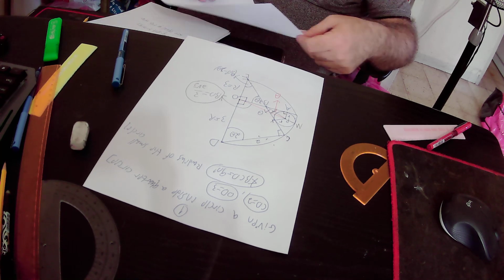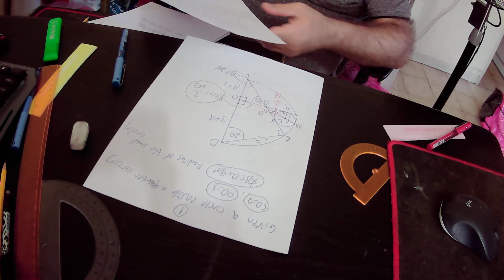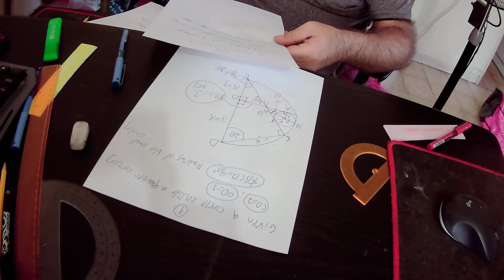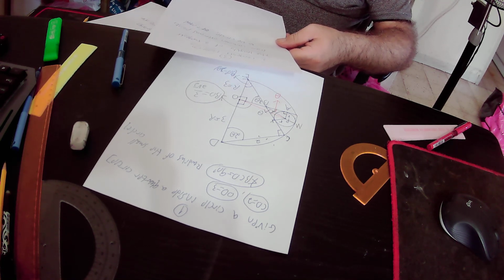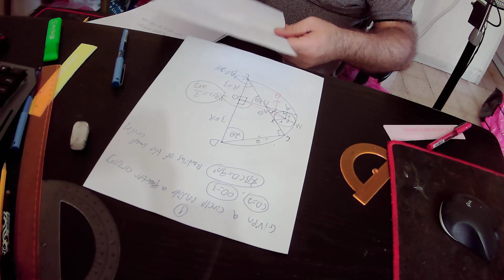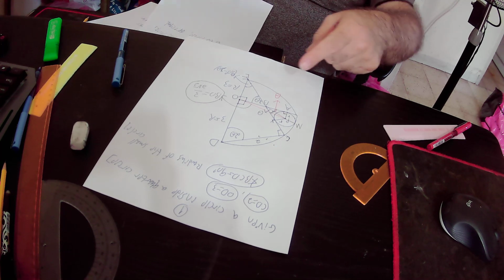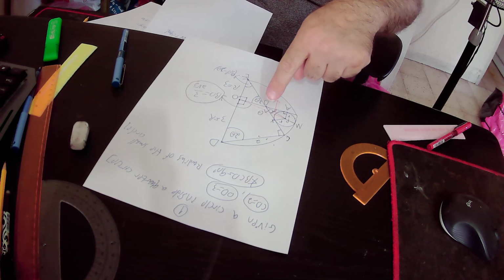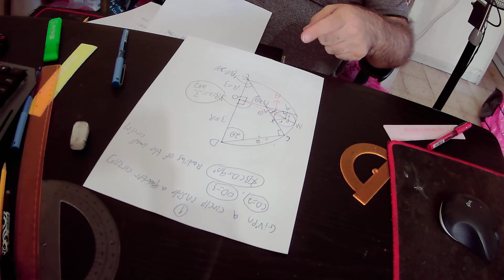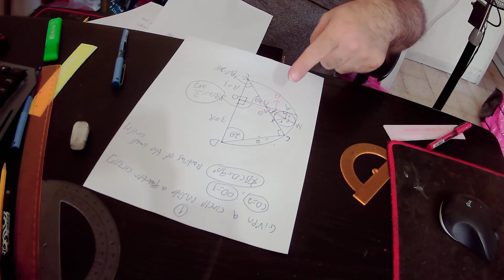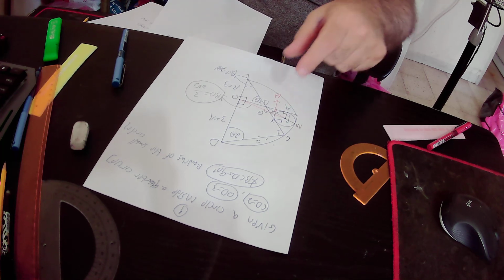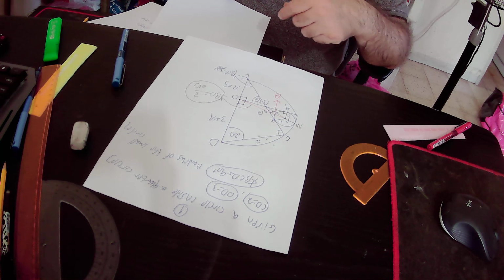Two tangents theorem states that the lengths of two tangents from a common external point to the circle are equal. So if we have an external point of the circle, that is point B, and from point B we draw two tangents to the circle, then AB will be equal to BX. Okay?